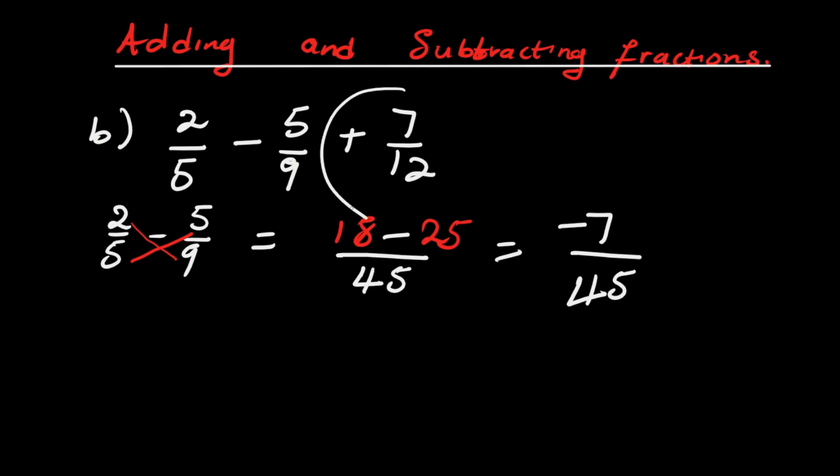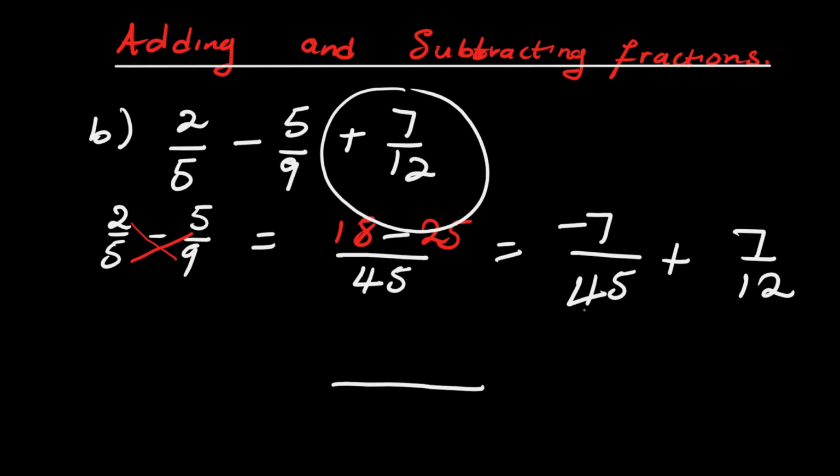Now we can bring back the other part of the equation, plus 7 over 12. Now 45 times 12 goes to 540.